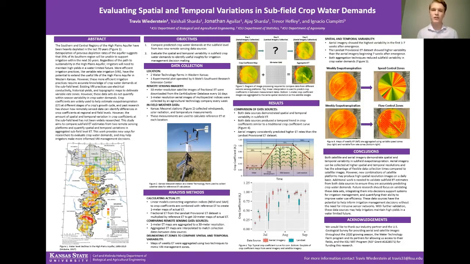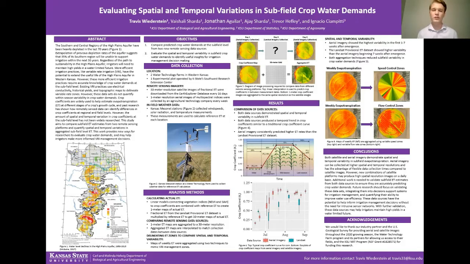Now, both of these aggregation techniques reduce spatial variability in crop water demands and can be useful for irrigation scheduling in the future. However, the speed control zones do show practical advantages over the flow control zones, especially in the form of reduced cost for the infrastructure needed to control the flow.